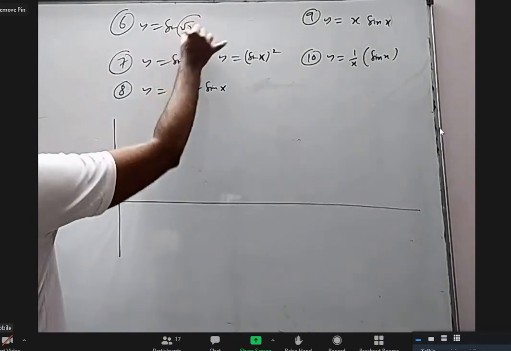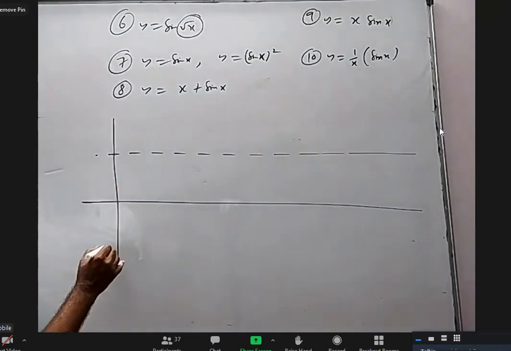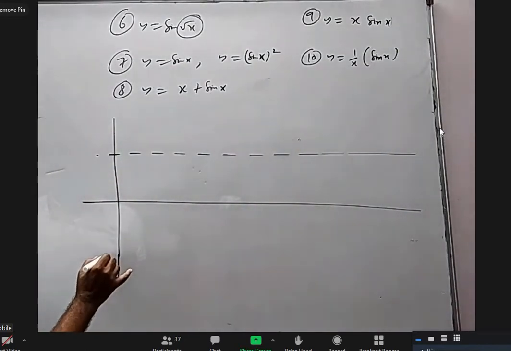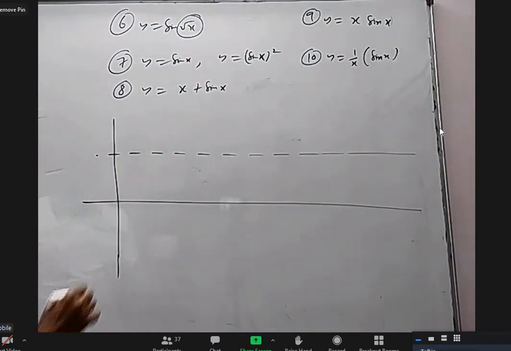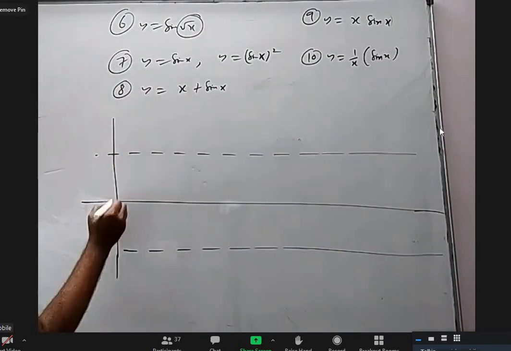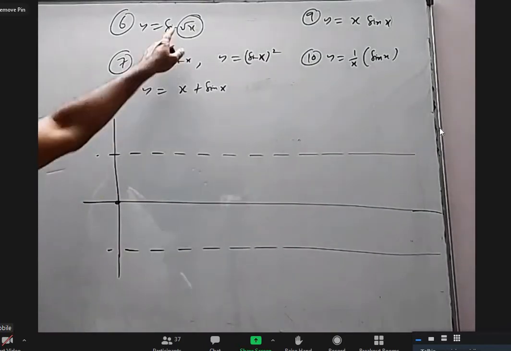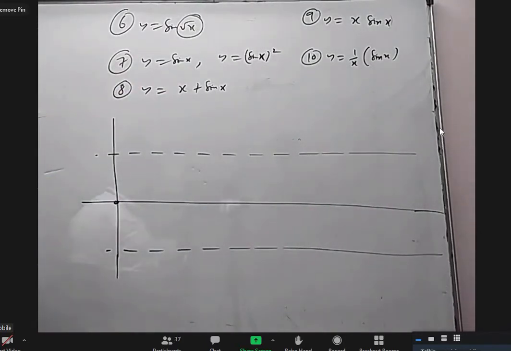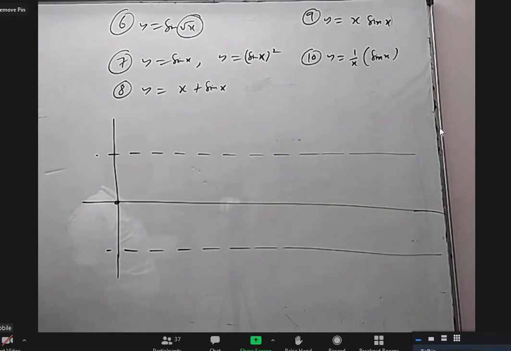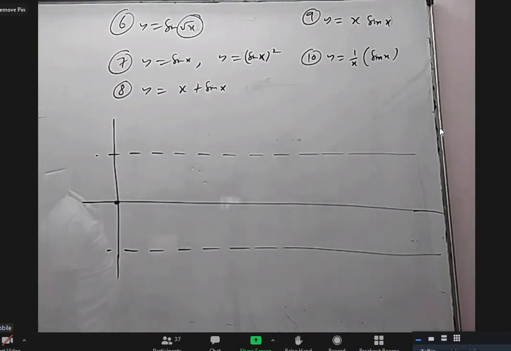Sign of what is inside doesn't matter. I know definitely maximum is 1 and minimum is -1, no doubt. At 0 it is 0. Anybody want to tell me what is the next x value where sin root x will be 0? What x if I substitute, sin root x will become 0?